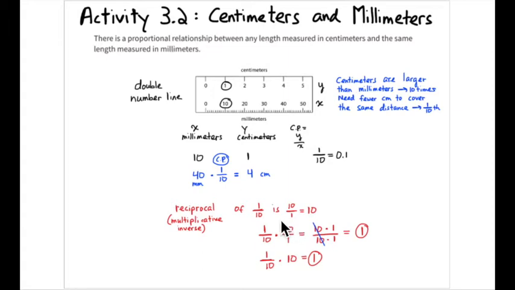Multiplicative inverse means that any two numbers that you can multiply together to equal 1 are by definition multiplicative inverses. So 1/10 times 10 over 1 is the same as, using the commutative property and moving these around, 10 over 10 times 1 over 1. 10 over 10 is 1, so 1 times 1 is 1. And you know that 1/10 of 10 is equal to 1.